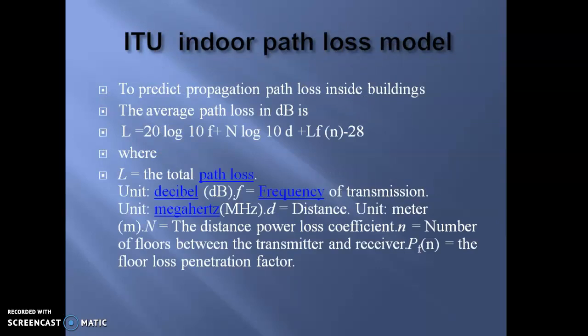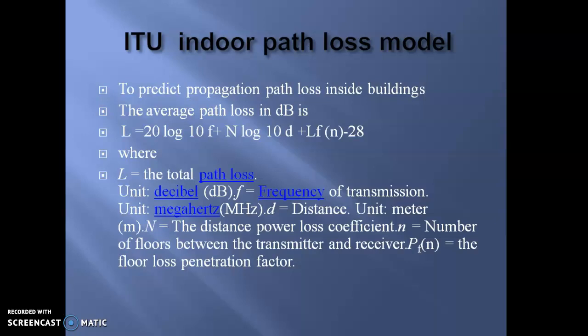Next we discuss the ITU indoor path loss model, used to predict propagation path loss inside buildings. The average path loss in dB is given by L = 20 log10 F + N log10 D + Lf(n) - 28.